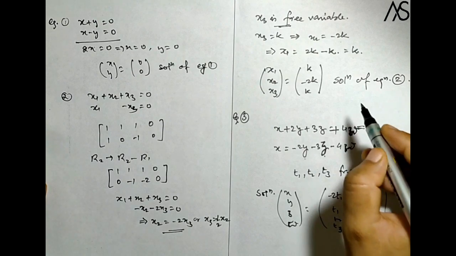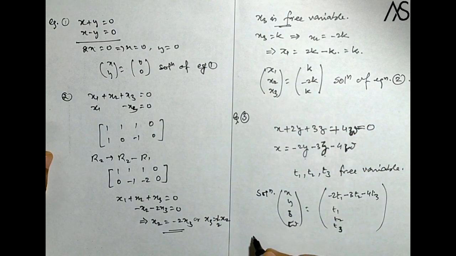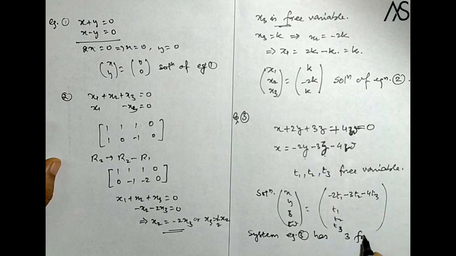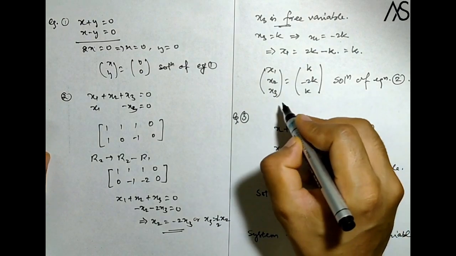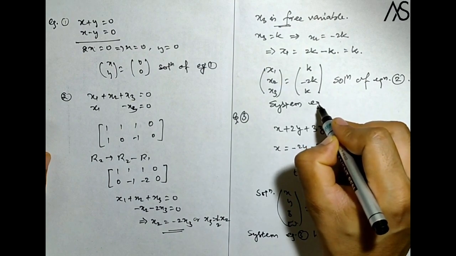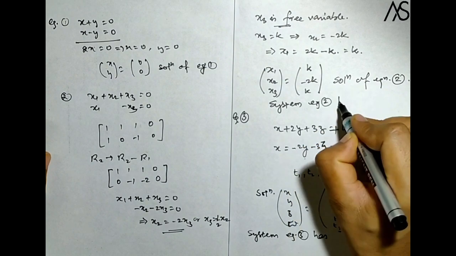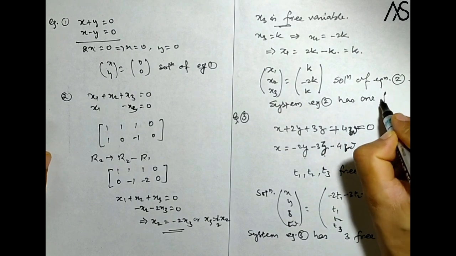Now from here I can say the system given in example 3 has 3 free variables, and the system given in example 2 has only 1 free variable.